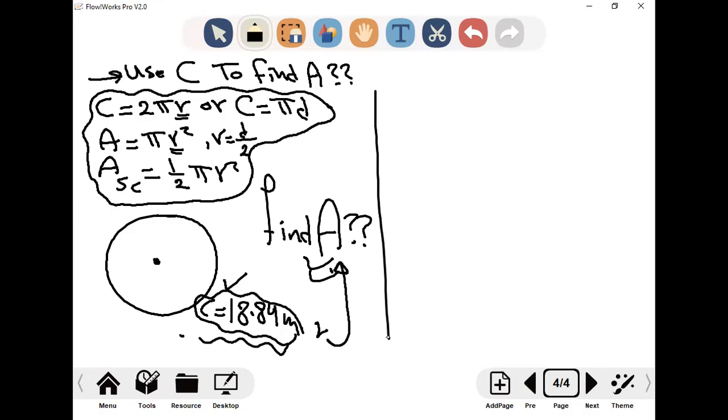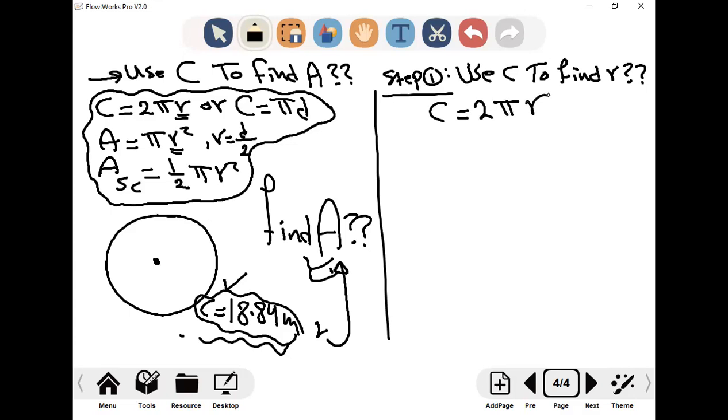Step 1, use the circumference to find the radius. What's the formula of the circumference which has r? 2 pi r. C equals 2 pi r.